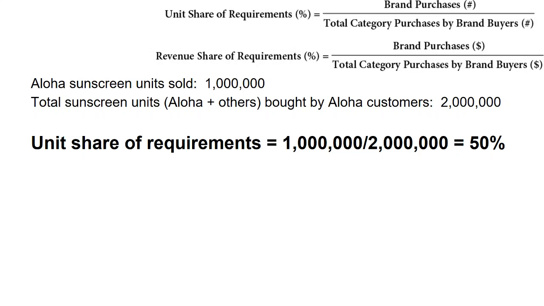So you just do a very simple fraction there. 1 million over 2 million is 50%. So 50% of all units purchased in the sunscreen category by our customers were of our product. Let me repeat that because, again, it's hard to wrap your heads around. 50% of all sunscreen purchases made by our customers were of our particular brand.